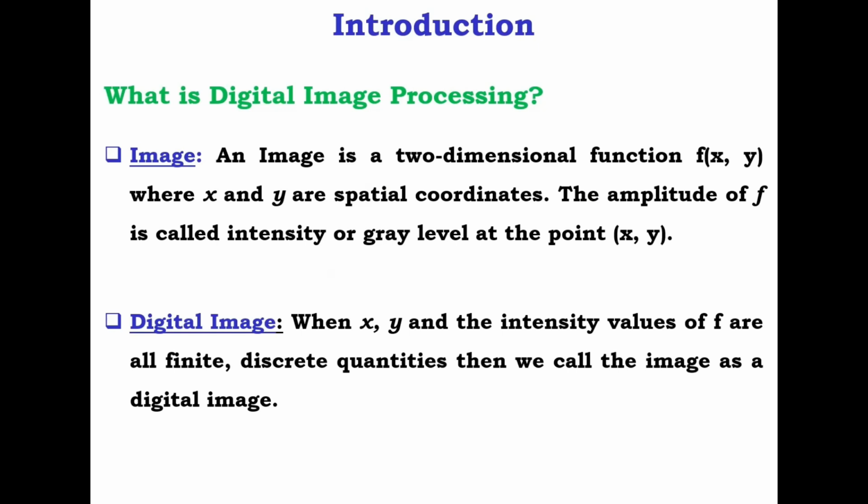When these spatial coordinates x and y and all the intensity values of f are finite and discrete quantities, then we call that image a digital image.